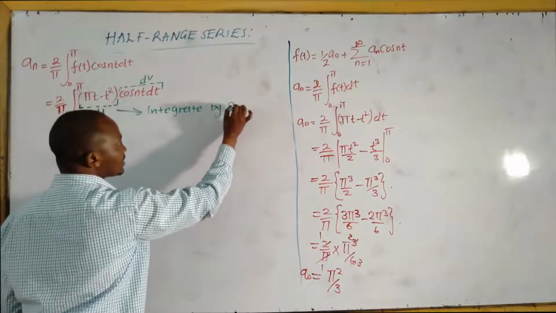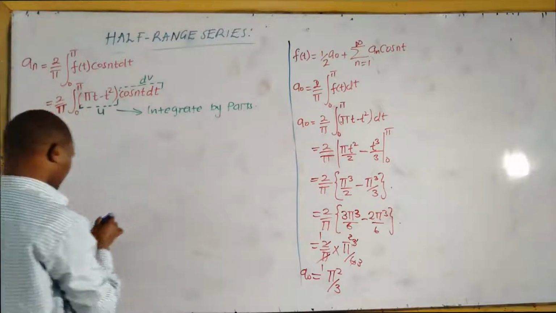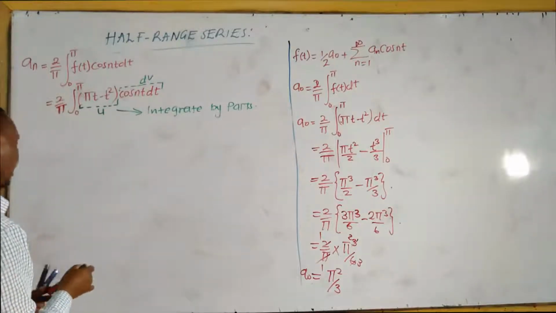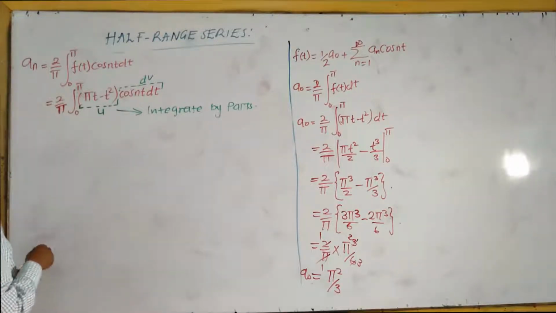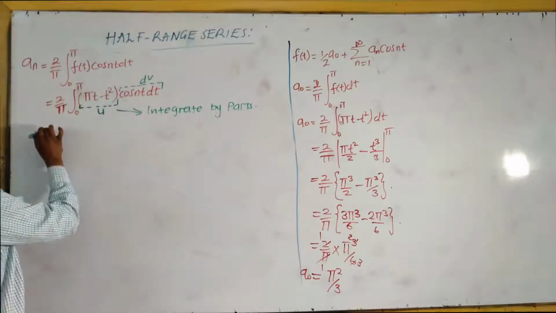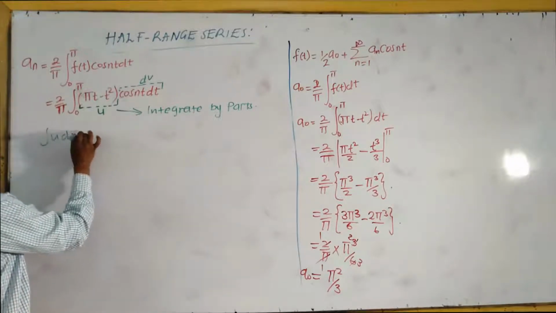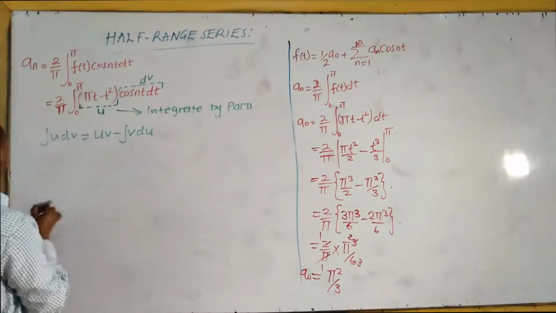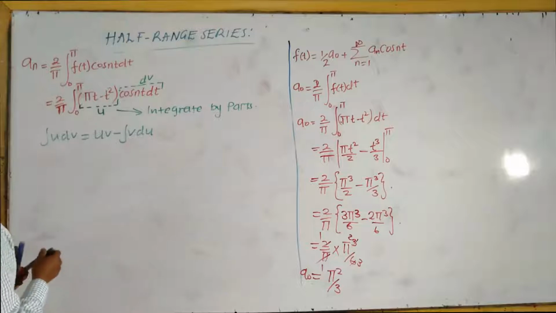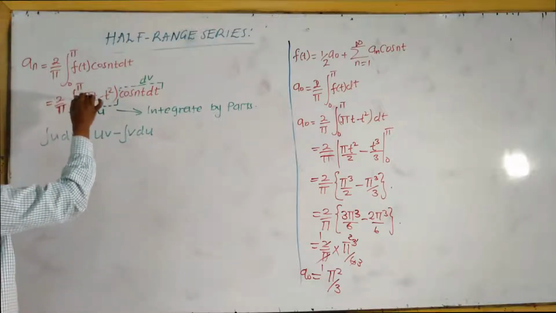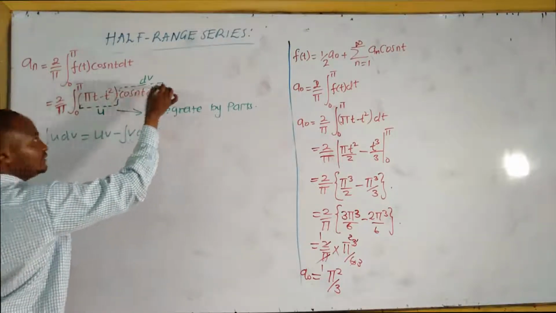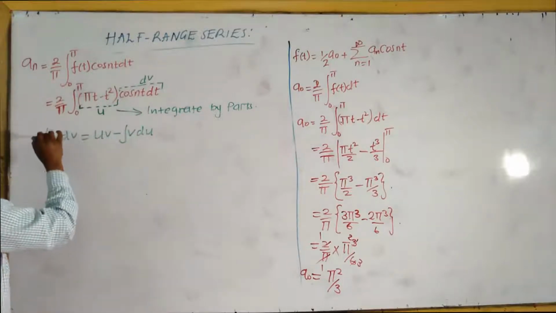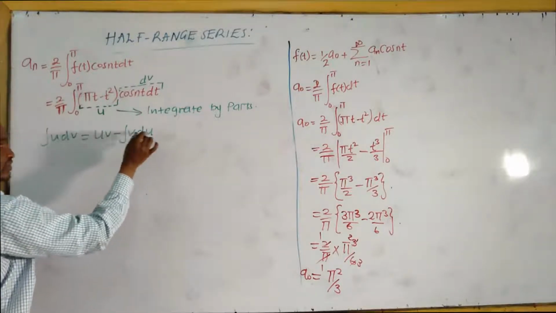The formula for integrating by parts is the integral of u dv is equal to uv minus the integral of v du.